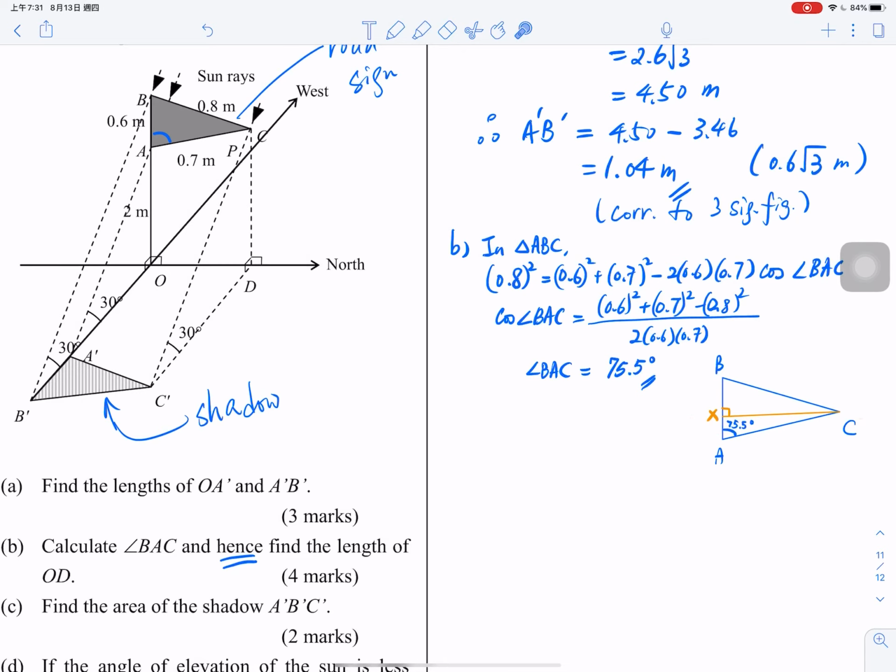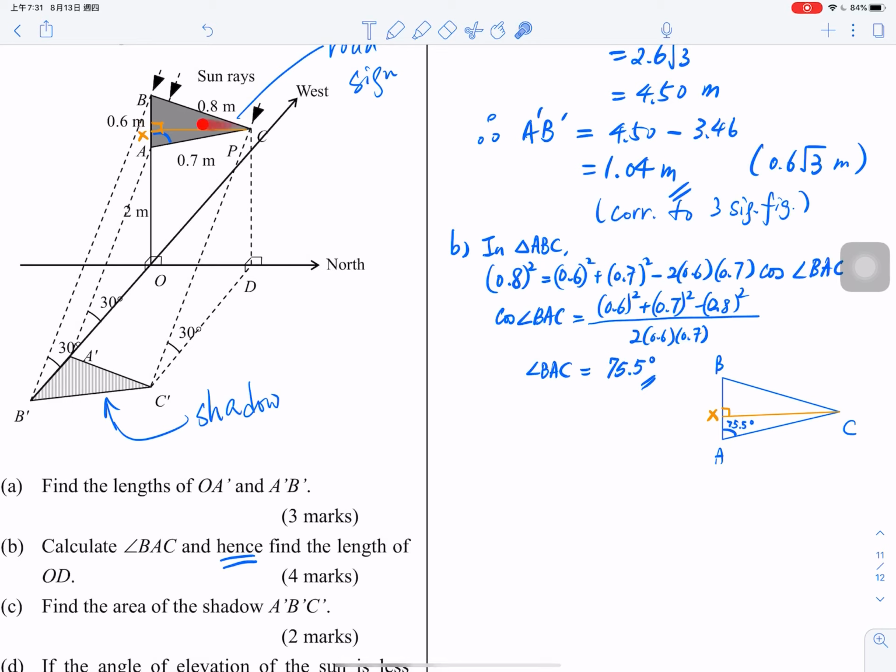XC, any relation with OD? Yeah, correct. Actually, XC here. Okay. And you found that this one is a right angle and XC is the same as OD, right?